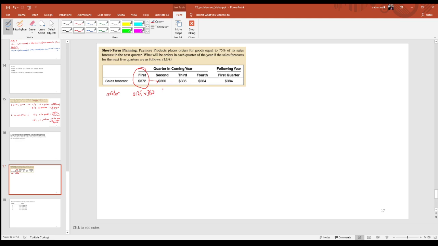And for this one, this is going to be 75% times this one, and for this one, 75% of this one, and for the fourth quarter, 75% of this one. Okay, so it was easy.